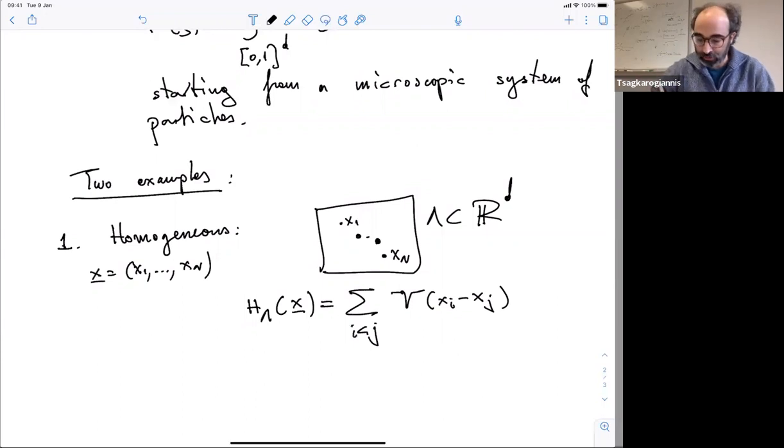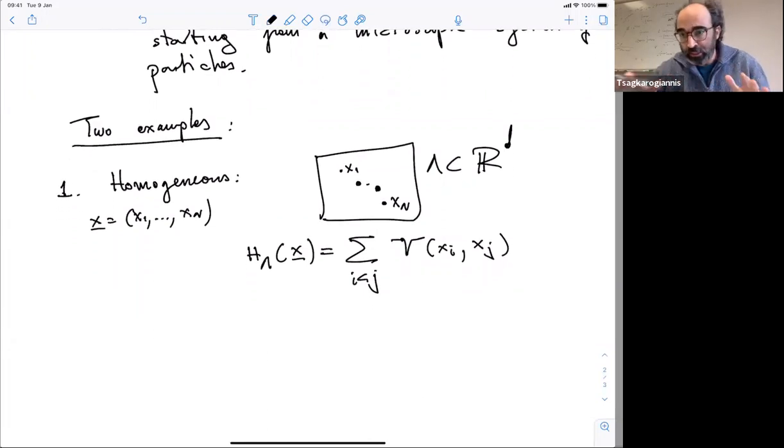Or it could be even more general, so it might depend on both, not necessarily only on the distance. So in full generality, let me write it like this. So this is the energy of the system.